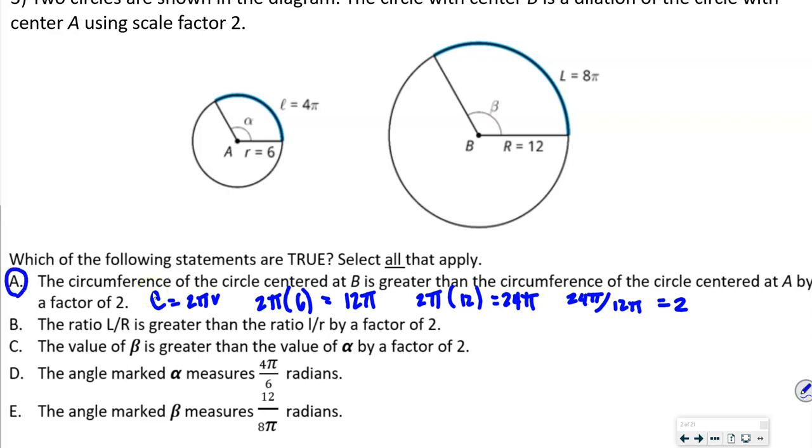Okay. Then it says the ratio of capital L to capital R is greater than the ratio of little l over little r by a factor of 2. So let's go ahead and compare that again.